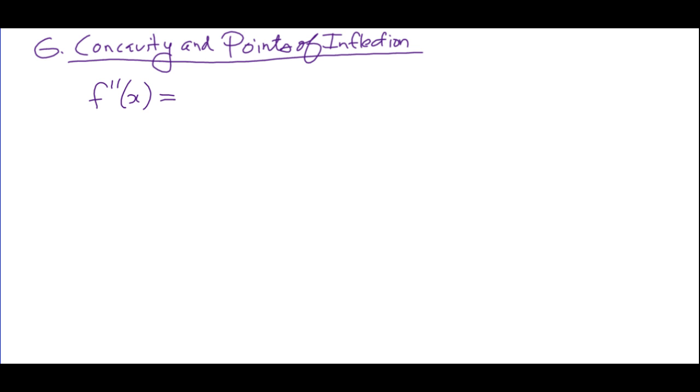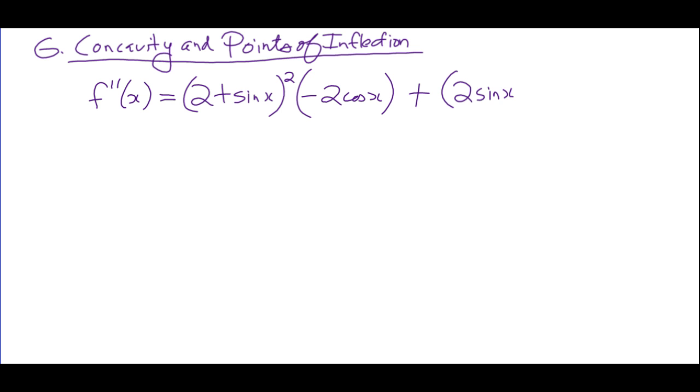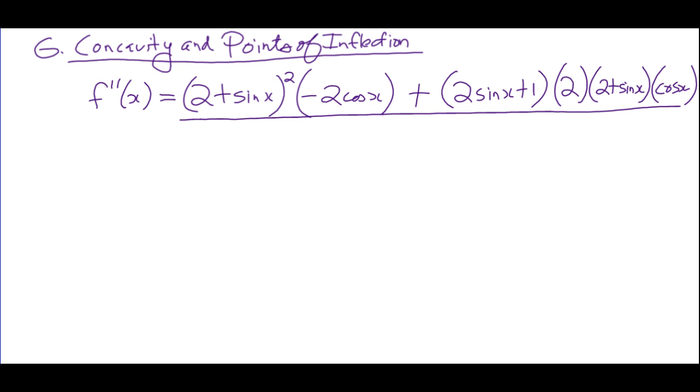So it's the denominator of the first derivative, 2 plus sine x, all squared, times the derivative of the numerator of the first derivative, which is minus 2 cos x, minus, only it's minus and negative, so we're going to go with plus 2 sine x plus 1, which was the original numerator, times the derivative of the denominator, which is going to be 2 times 2 plus sine x times the derivative of the inner function, which is cos x, over the denominator squared.